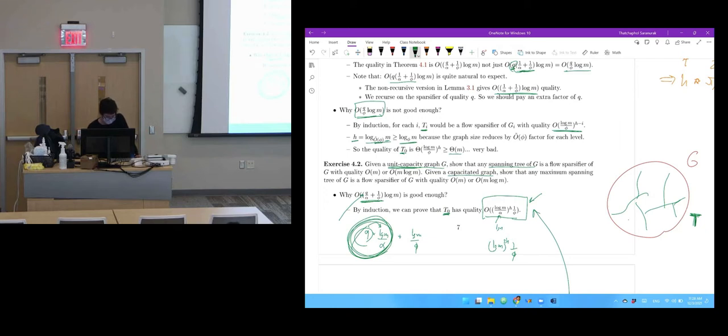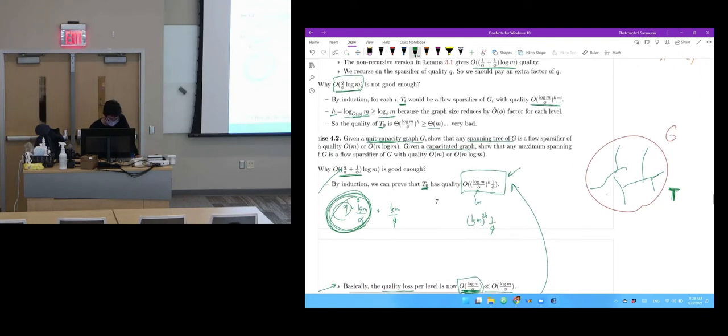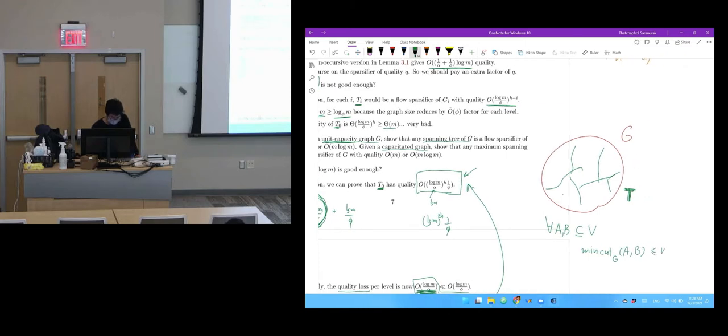And the reason is quite simple, right? Because for all A and B, in the graph, the min cut of A and B is always between m and 1. But the min cut between A and B in T is also between n and 1.